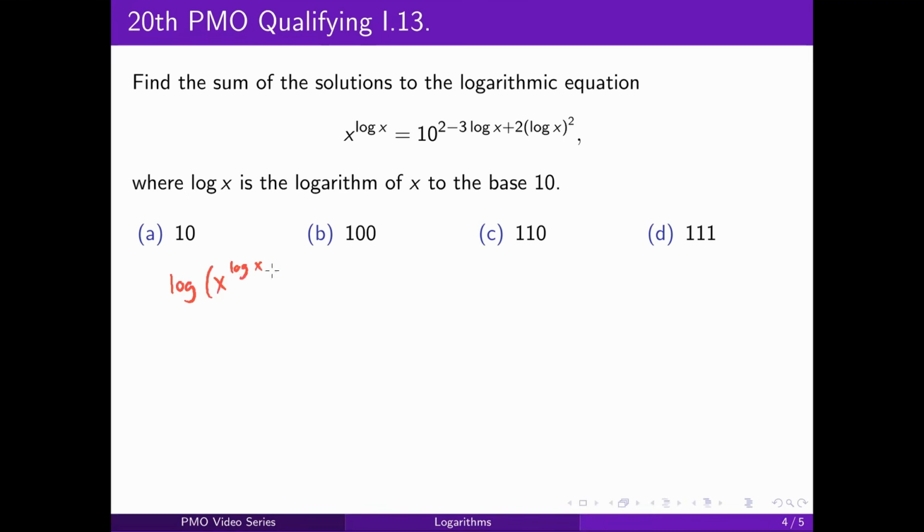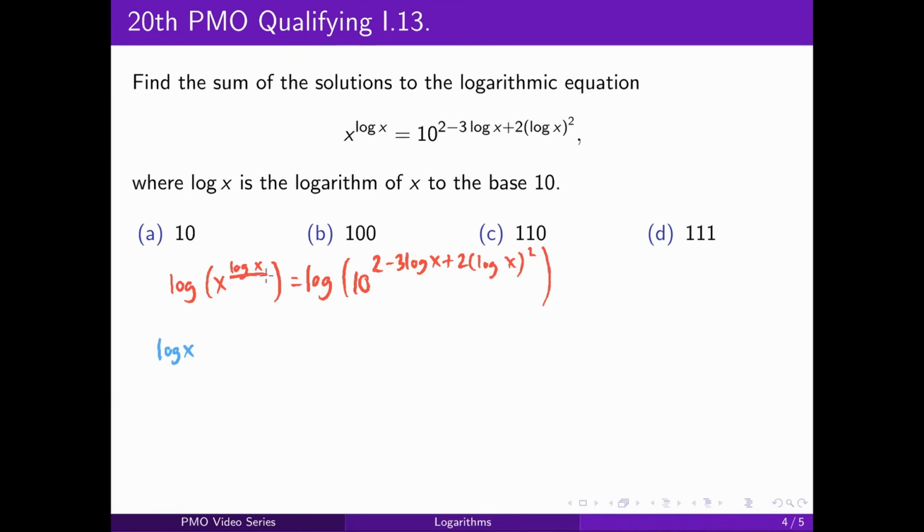and we'll take the logarithm of both sides, base 10. So clearly we want to use base 10 because that's what the question is about. Okay, and now using the property, we can simplify by taking down the exponent.